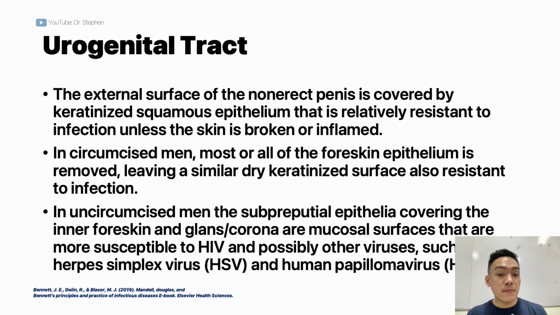In uncircumcised men, the subpreputial epithelia covering the inner foreskin and the glans corona, or mucosal surface, are more susceptible to HIV and other viruses such as HPV and HSV.